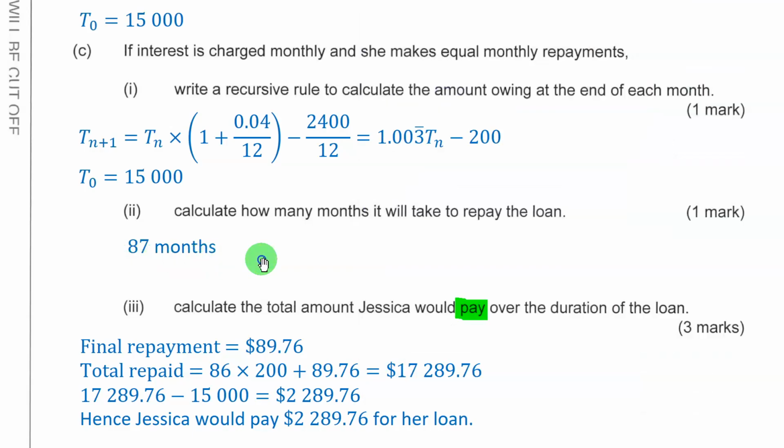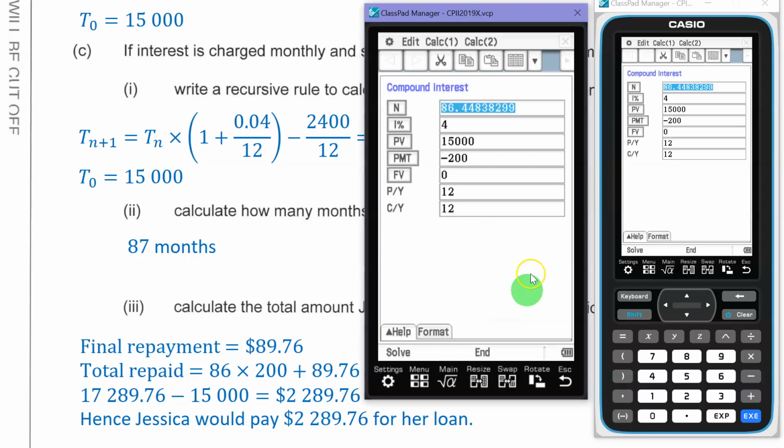And then I wasn't sure about part 3, calculate the total amount Jessica would pay. Now, up to now, we've been talking about repaying the loan and repayments, but the idea of paying over the duration of a loan could either be the total repayments, which means we now need the final repayment, so let me just grab my calculator.